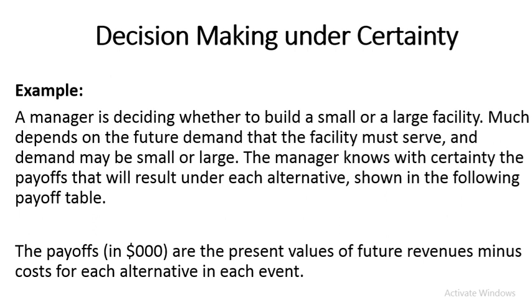They have calculated the payoffs by calculating the present value of the future revenues minus the costs for each alternative which you have to face or which you have to bear. So in the next table we will see what are the different payoffs under the different alternatives.